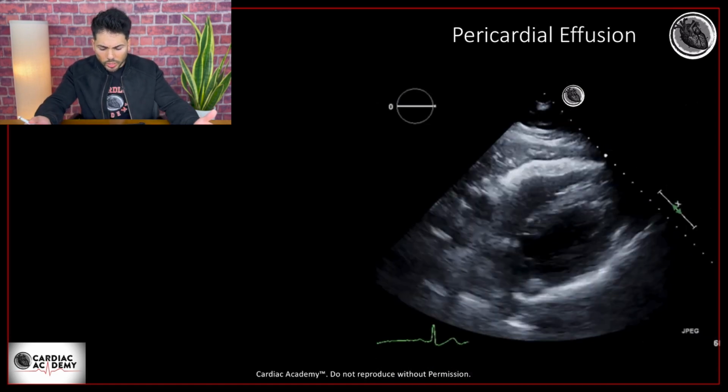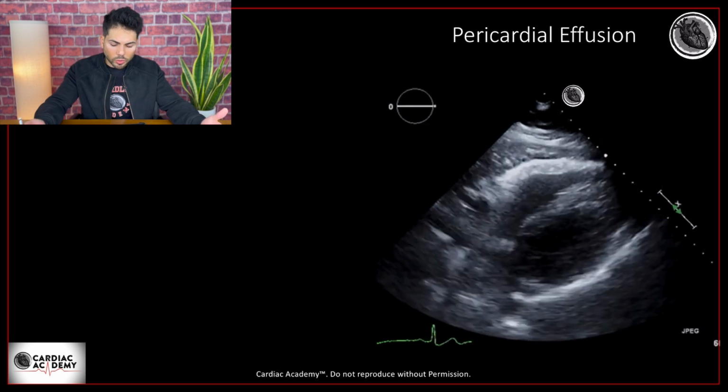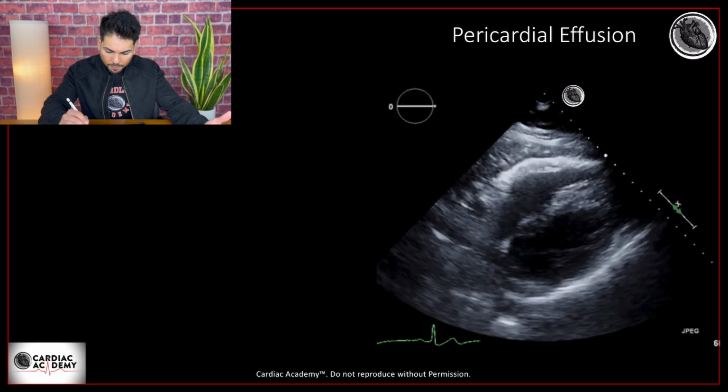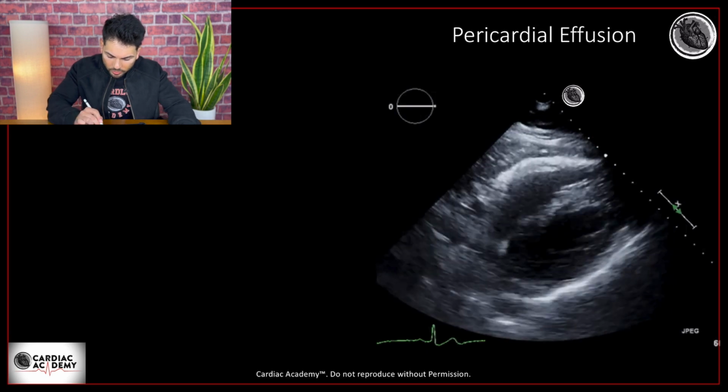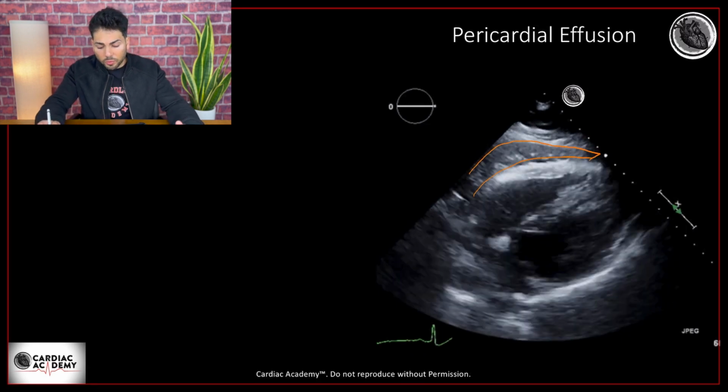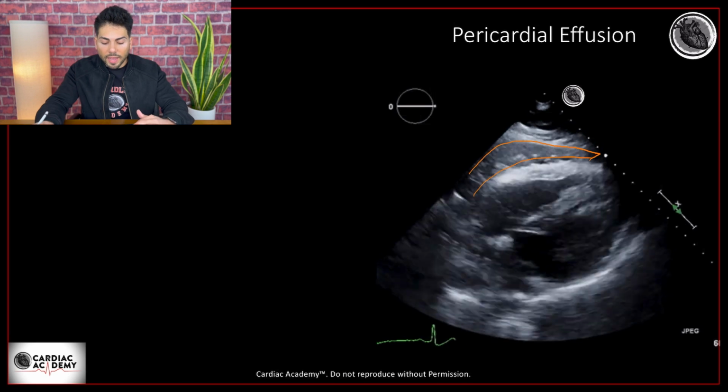So you can also see here in this example, so what do you think is going on here? So you can see that there's some fluid of some sort here, but in fact it's not fluid, okay? It's actually a fat pad, okay?